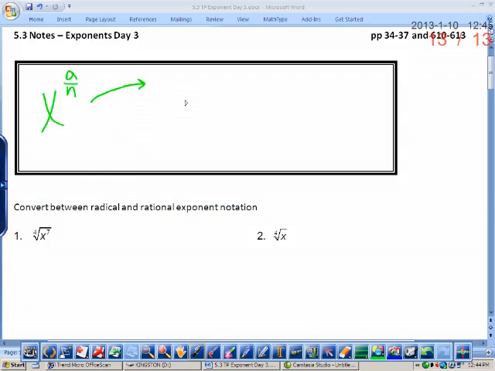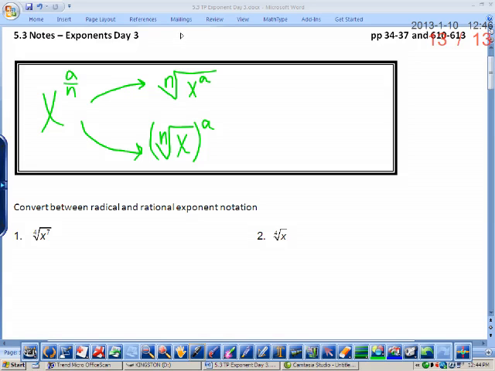We can think of that as the nth root of x to the a power, or we can think of it as the nth root of x raised to the a power. What I mean by nth root is like the cube root, n would be 3. The fourth root, n would be 4. It's like the little number inside the radical that you see.